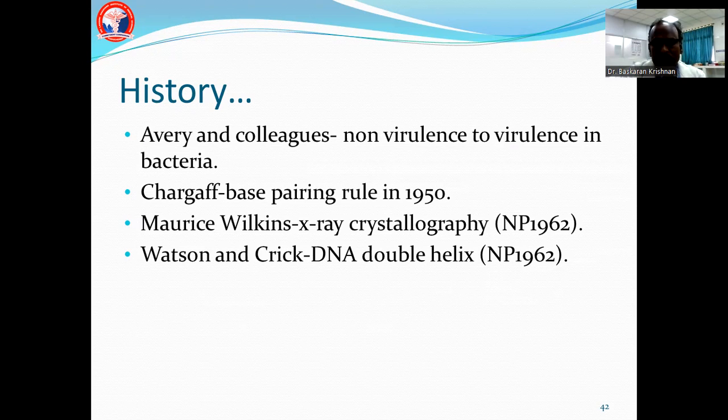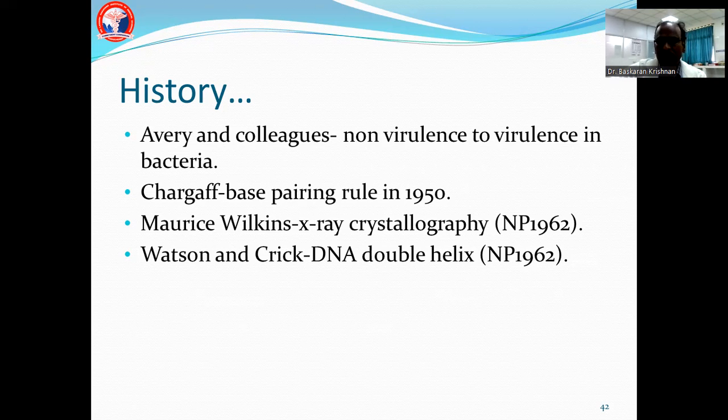Later, Maurice Wilkins and his scholar Rosalind Franklin formed the X-ray crystallography. And with that X-ray crystallography, these two people, Watson and Crick, one a physicist, the other a biologist, deduced the structure of DNA, now called the Watson-Crick model of DNA or B-DNA.